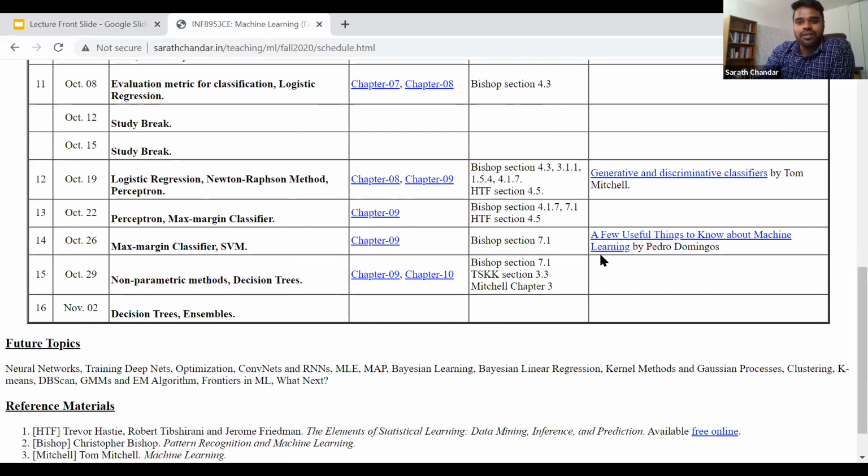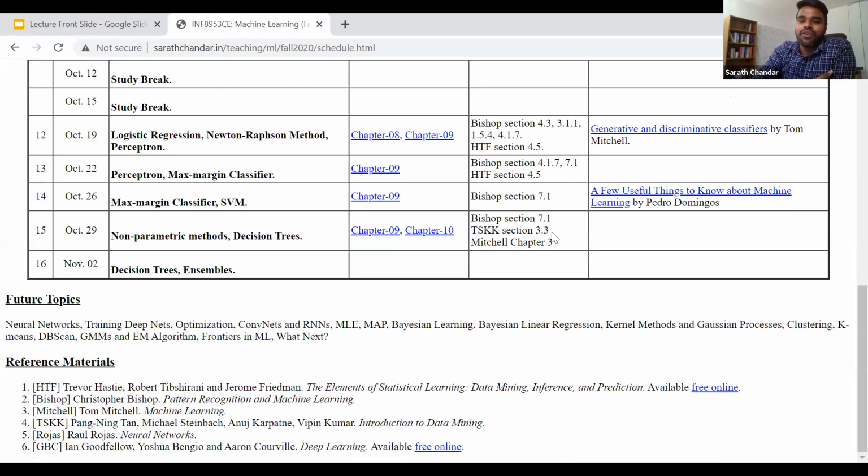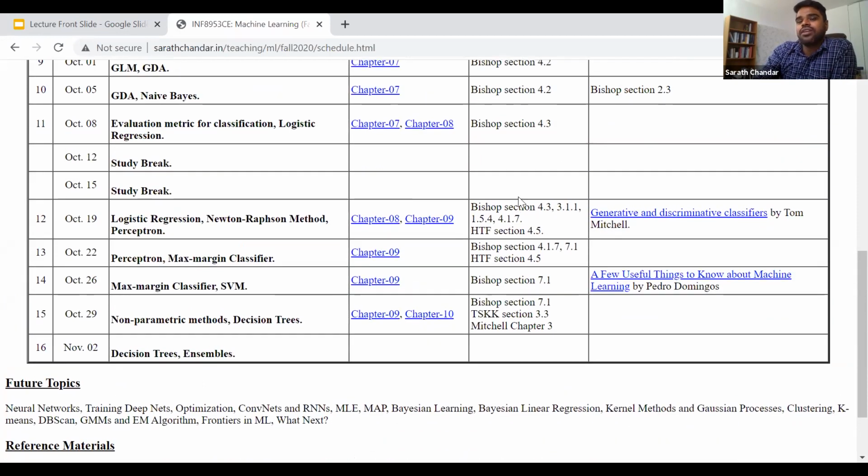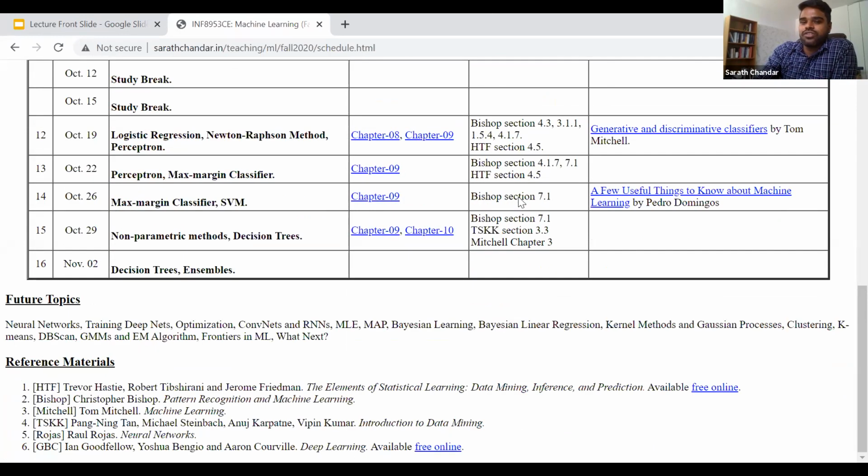The reason I give this reading in the middle of the course is that now you have all the basic foundations that you can actually make use of this article. So this is the reading for this week. And if you haven't finished the previous readings, I would encourage you to finish them as well.